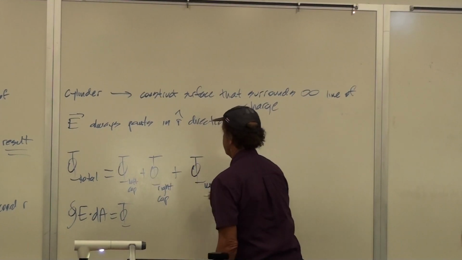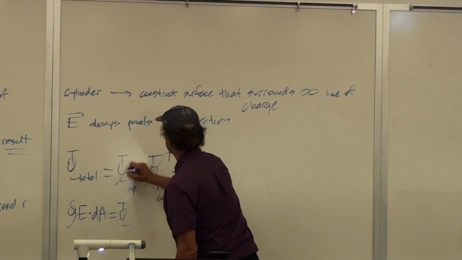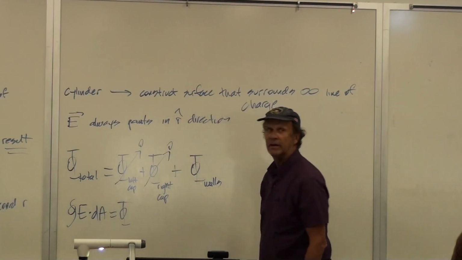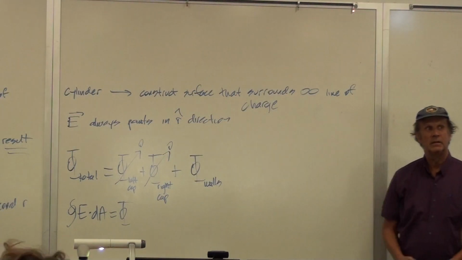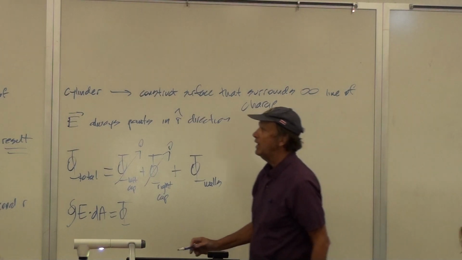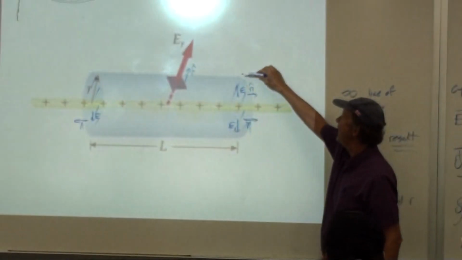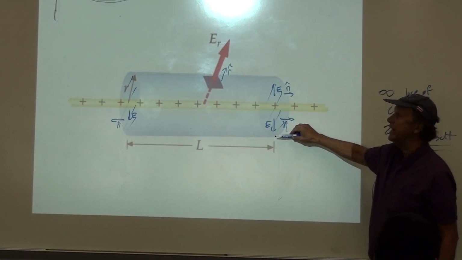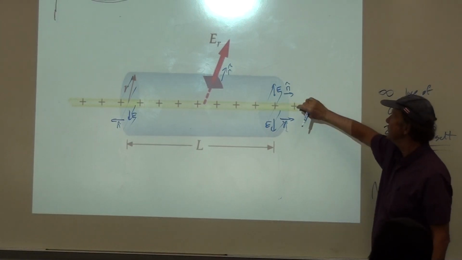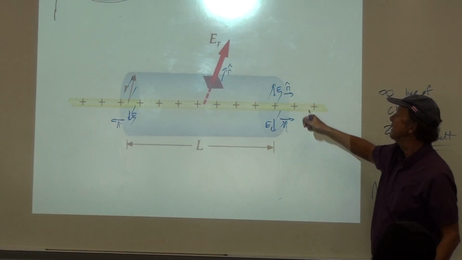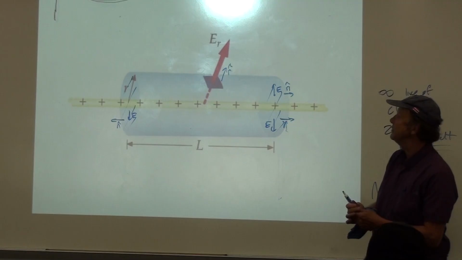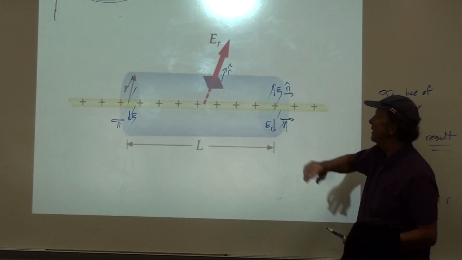Okay, so since these are 0, is everybody clear as to why those are 0? So the electric field is always pointing in the r hat direction. We showed that in chapter 22. It's also true if you turn this thing, it has cylindrical symmetry, meaning the electric field pattern isn't going to change.